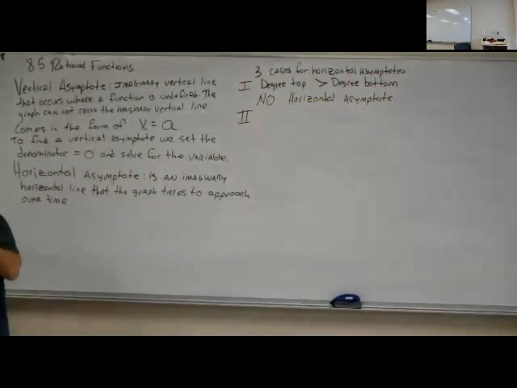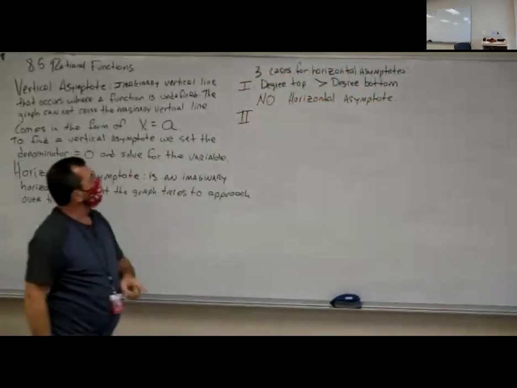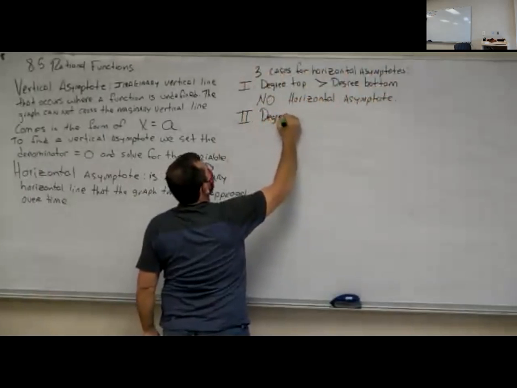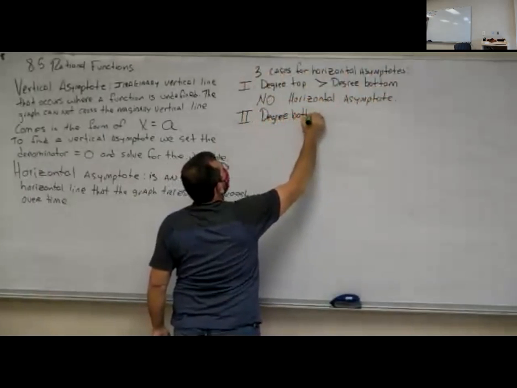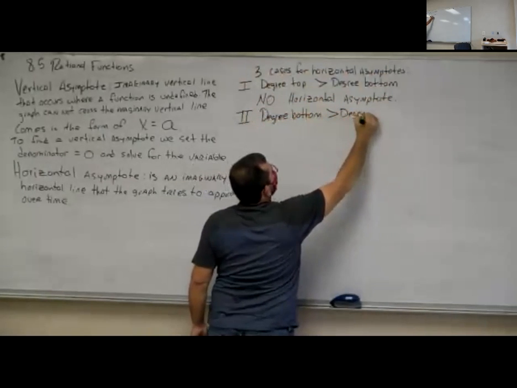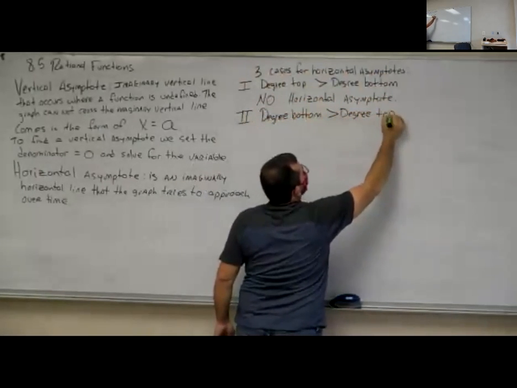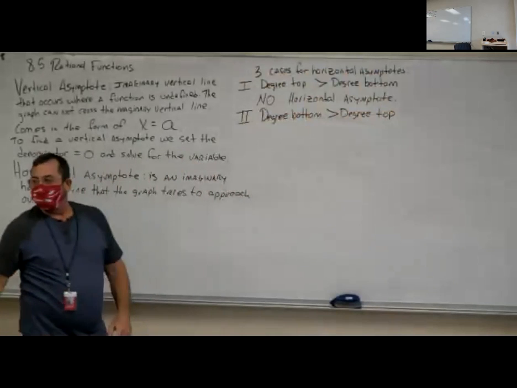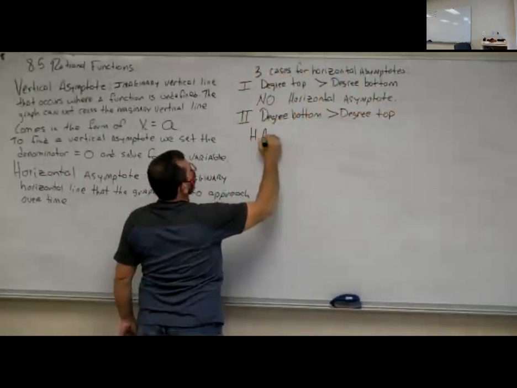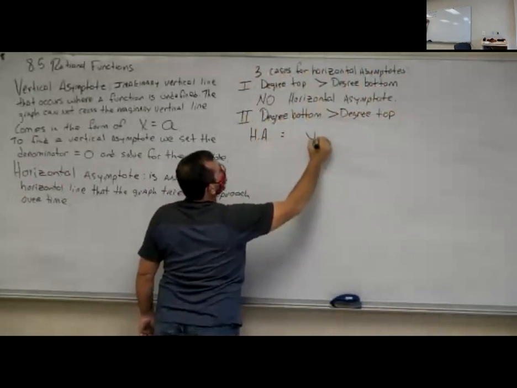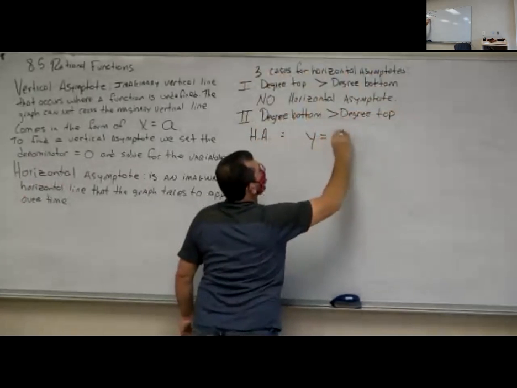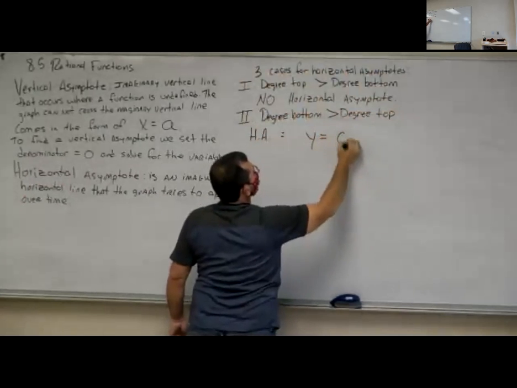If the degree of the bottom is bigger than the degree of the top, so degree of the bottom greater than the degree of the top, then your horizontal asymptote is going to be y equals 0.